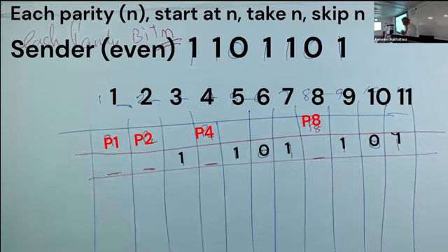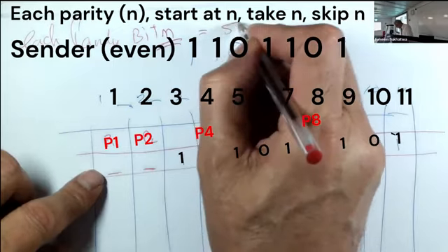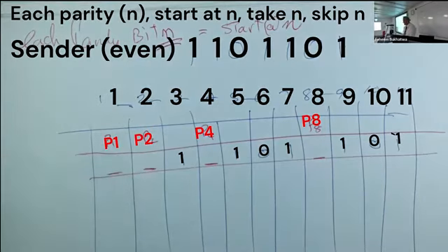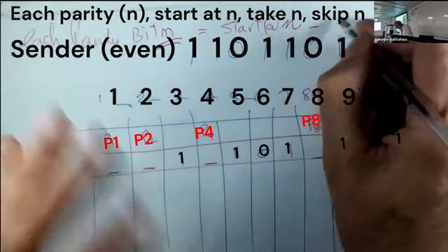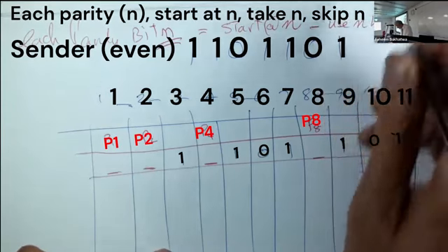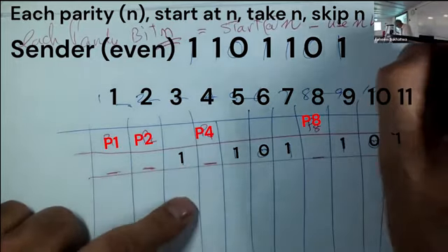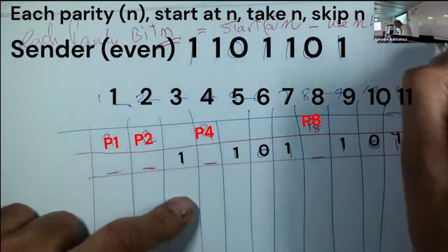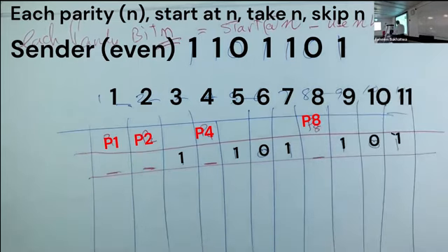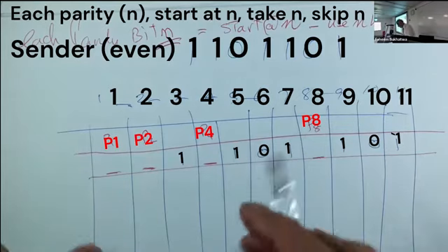What other bits go with it? Start at n, take n bits, and skip n bits. What does that mean? For parity 1, start at number 1, use 1, and skip 1. And keep doing that, use 1, skip 1, until the end of the frame.